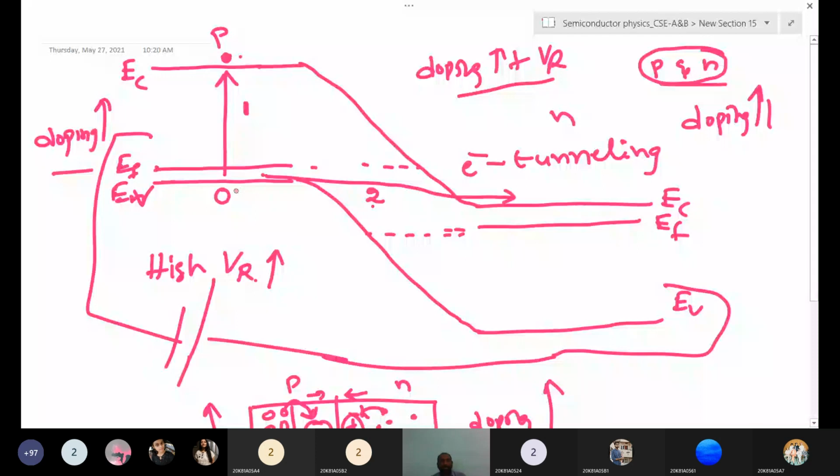So after breaking the bond, they will jump into the conduction band of the n-type semiconductor along path 2. That is the tunneling process. Why? Because the depletion width is lesser than the band gap, or you can say path 1 width is higher than path 2 width.